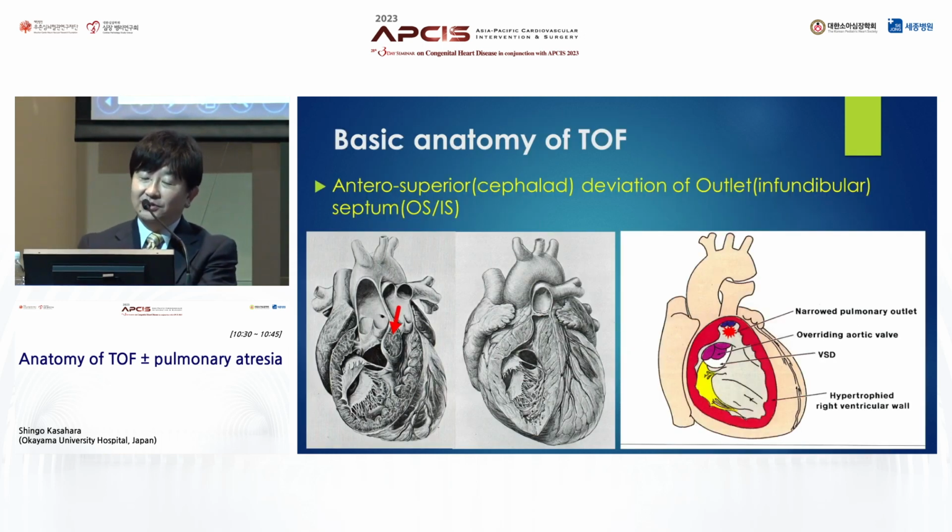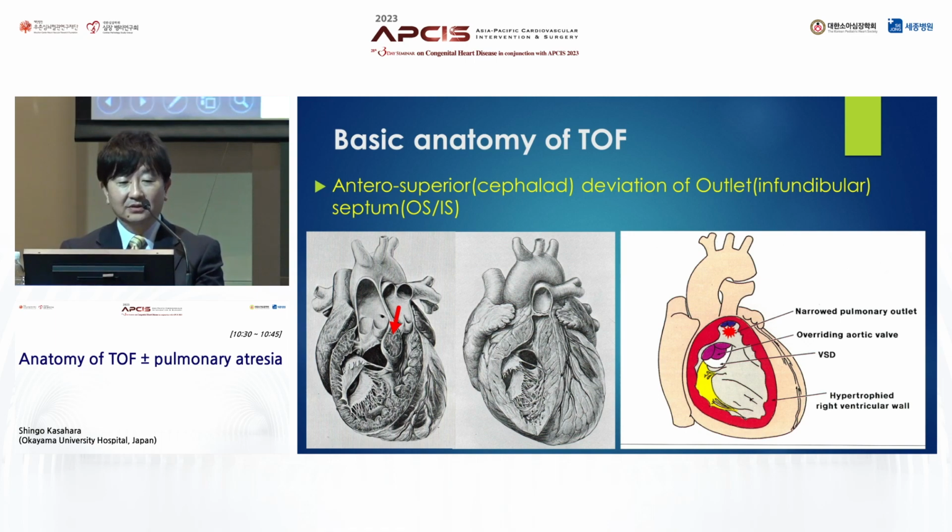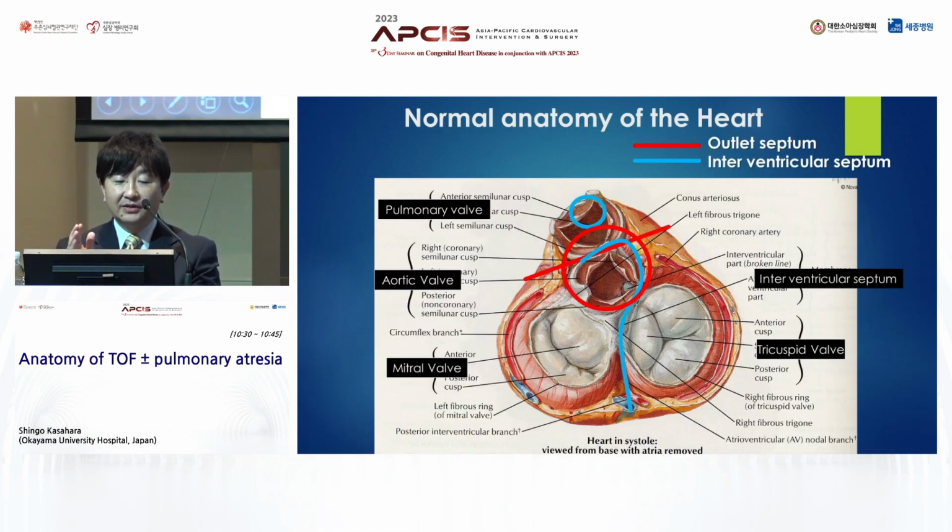So usually you remember that the basic anatomy of tetralogy of Fallot is the anterior superior deviation of the outlet septum, or infundibular septum. What is the anterior superior deviation? What is the deviation? What is the anterior superior? A little bit of confusion is there as well. So remember these diagrams.